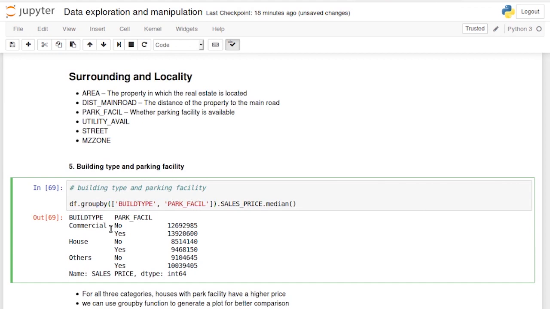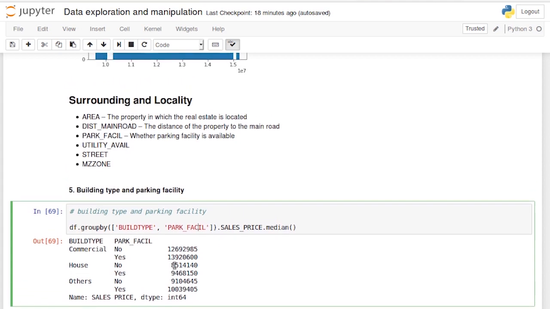So for commercial buildings with and without parking facility, there is a small difference in the price. And in fact, for all the categories, we can see that the buildings with the parking facility have a higher price range as opposed to the buildings without the parking facility, and that sounds about right.